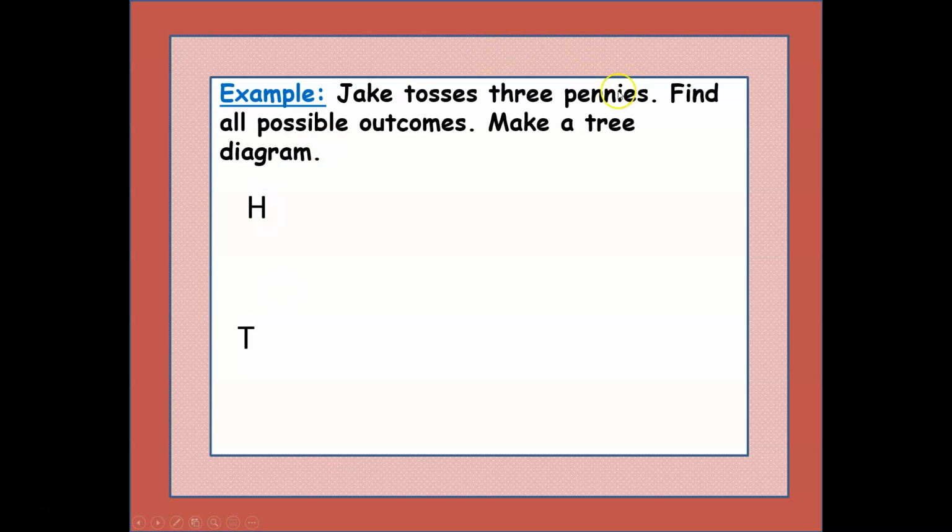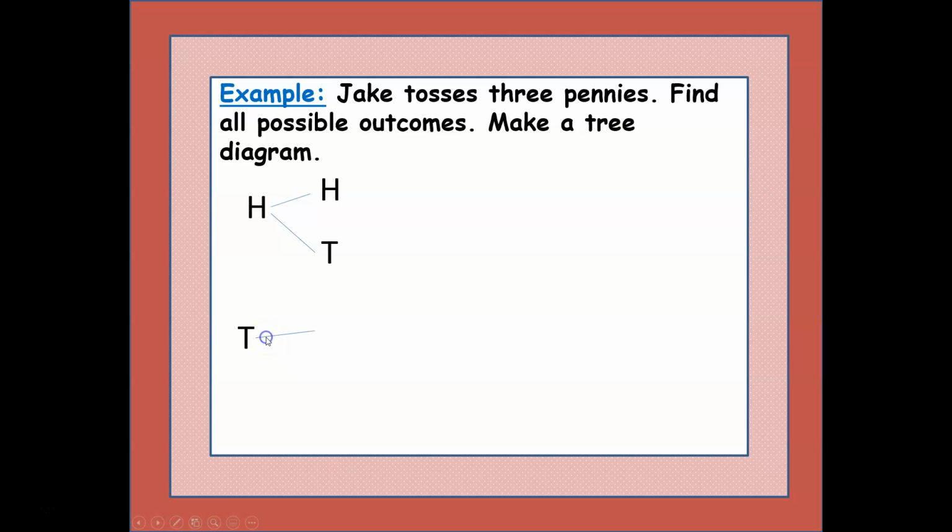So Jake tosses 3 pennies. So we need to run this trial 3 times to find all of our possible outcomes. So for heads, he can do 2 different things after flipping a heads. He can then flip a heads again, or he can flip a tails.